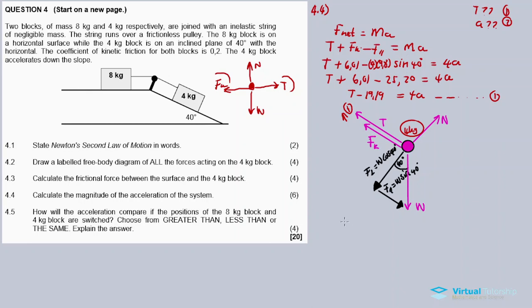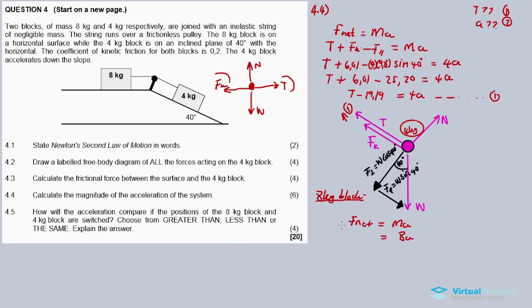So for the second equation, we get F net using the 8 kilogram block. F net is equal to ma. Since in this whole system, the 8 kilogram and 4 kilogram blocks accelerate, we apply the second law again.